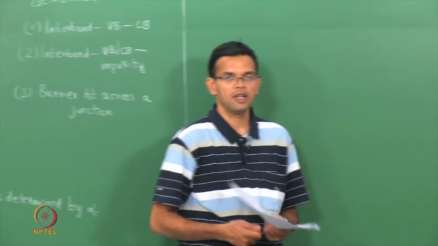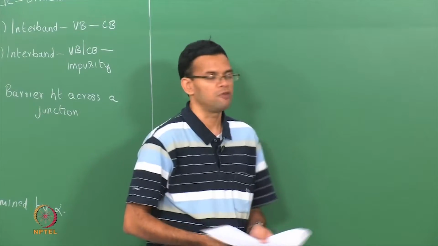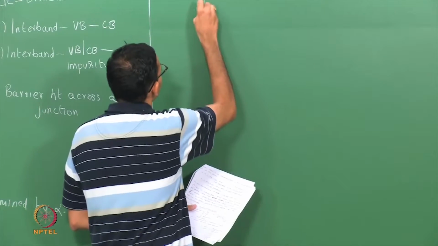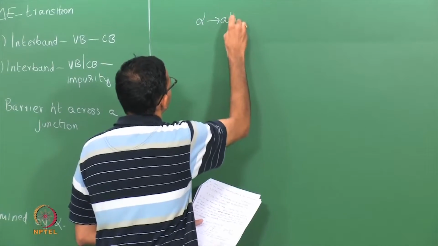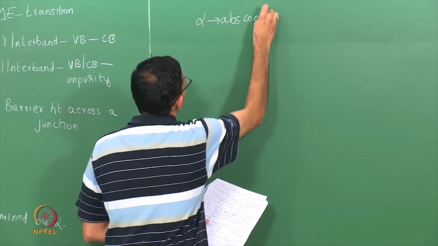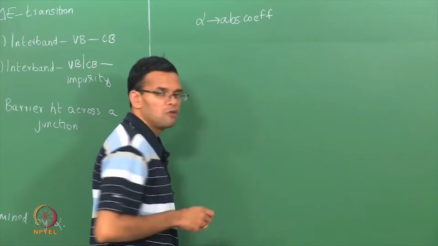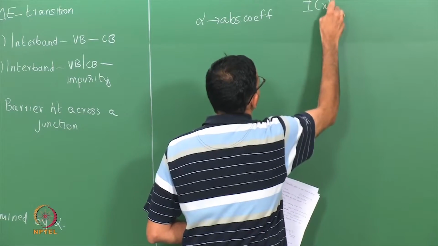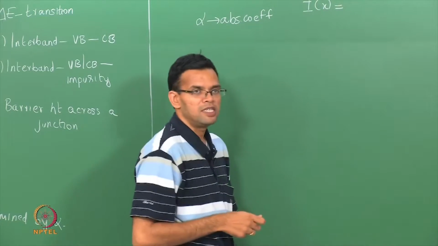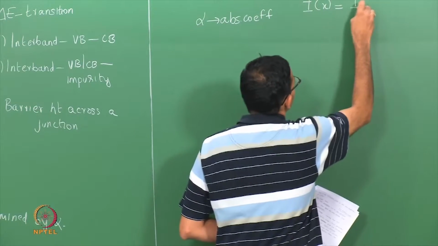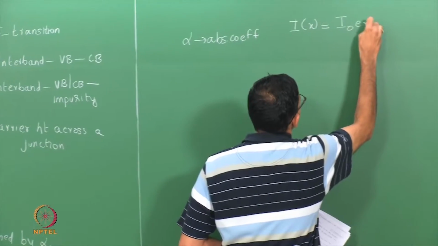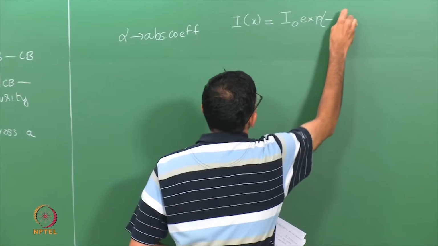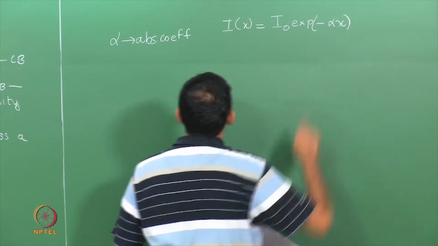So, we have looked at the concept of absorption coefficient before. We find that if alpha is the absorption coefficient, then the intensity at a distance x within the material was just I naught exponential minus alpha x.